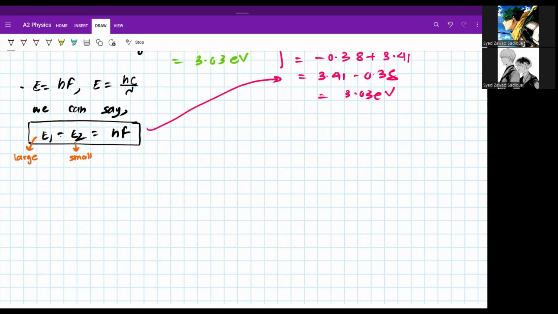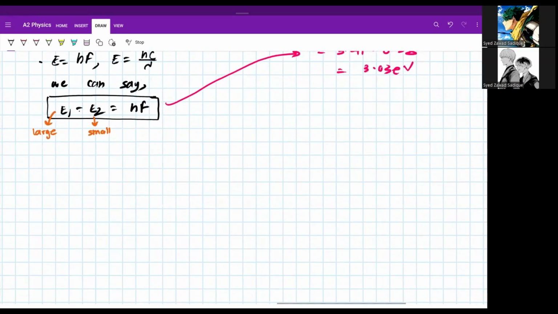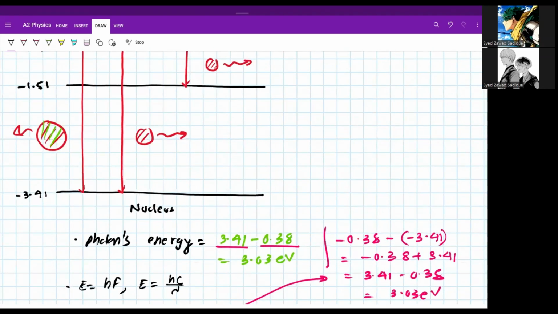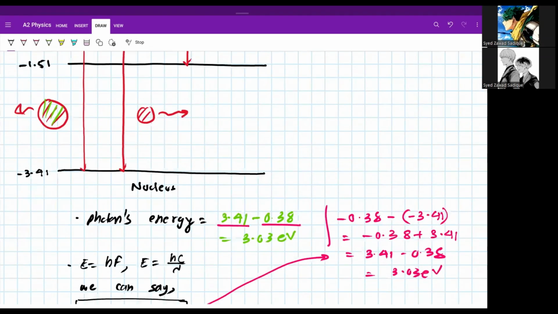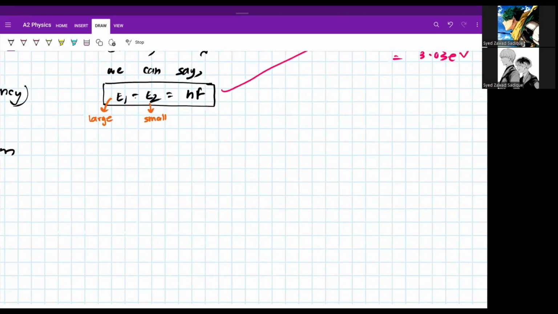Now we can find the wavelength of the photon emitted by the electron as it de-excites.